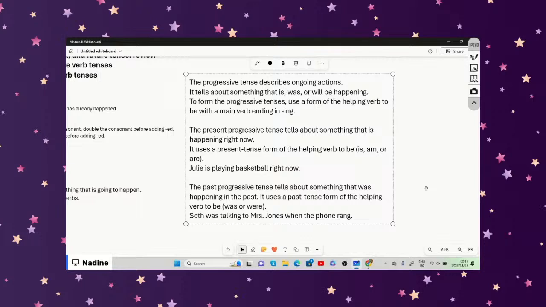To form the progressive tenses, we need to use a form of the helping verb to be with a main verb that is ending in ing.